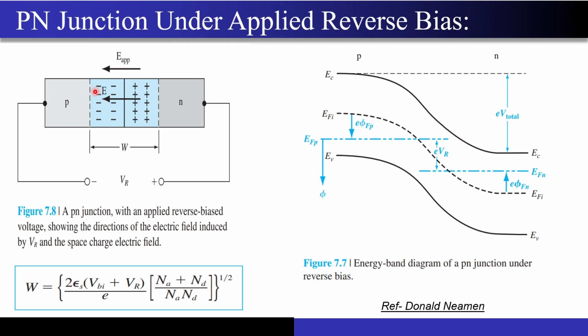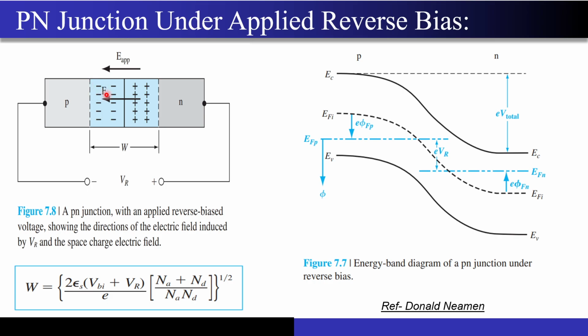Initially these holes moved from left to right when I didn't apply any bias, leaving behind negatively charged immobile ions. Now you are applying a negative voltage on this point, so all the free holes present get attracted towards the left side, and you are further depleting this region of any carriers.